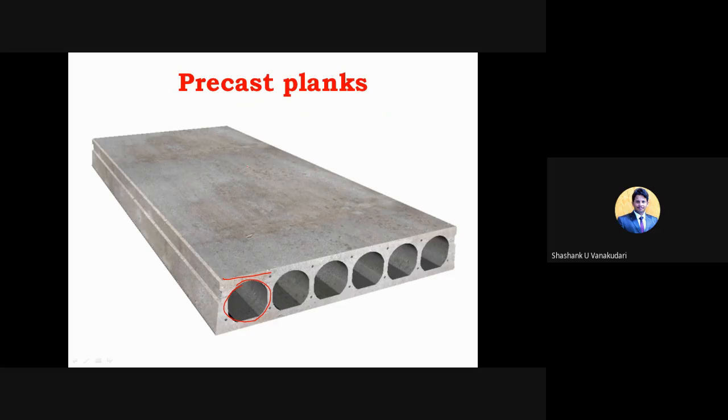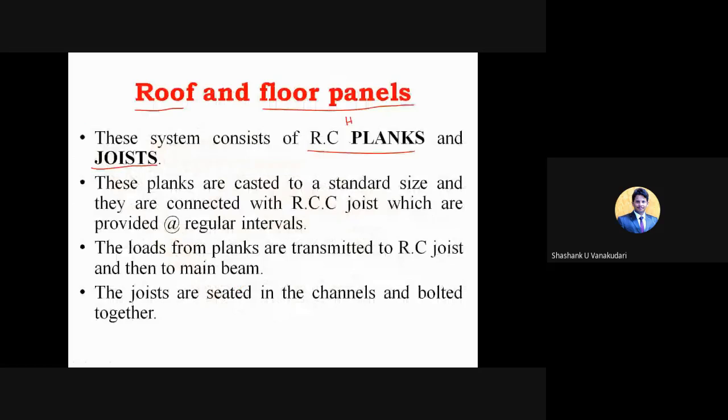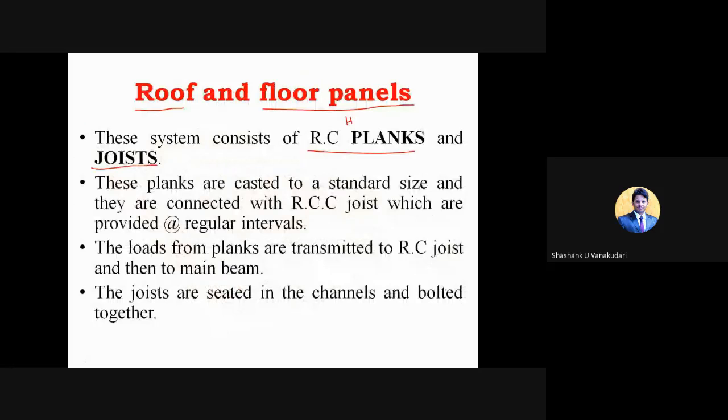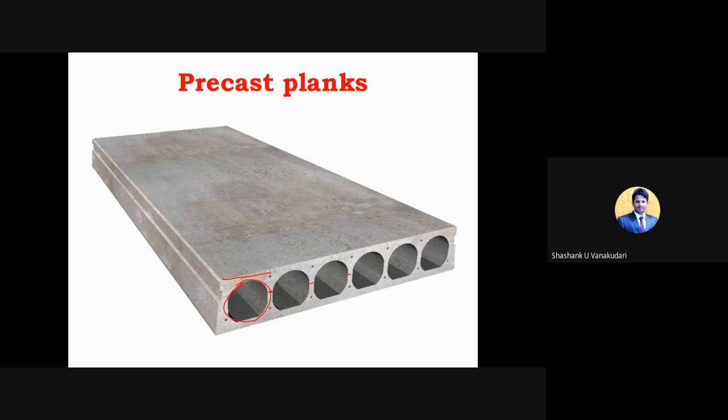These RC planks have gaps at regular intervals, meaning the gap from one hollow portion to the next. These planks are cast to a standard size, so they are readily available at the manufacturing site in various thicknesses.